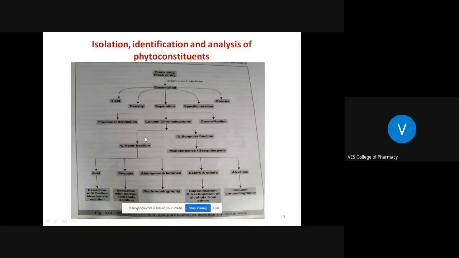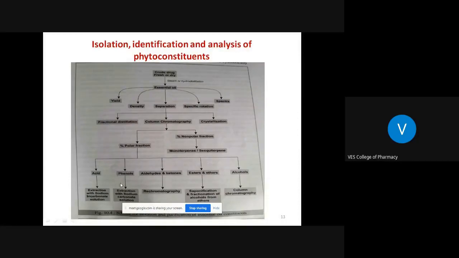But if they contain a high polar fraction, then depending upon the functional groups present, that is acidic, phenolic, aldehydic and ketone, esters and ethers, and alcohol, different methods of isolation and purification are required. For example, if it contains an acidic functional group, you carry out extraction with alkali, that is sodium bicarbonate solution.